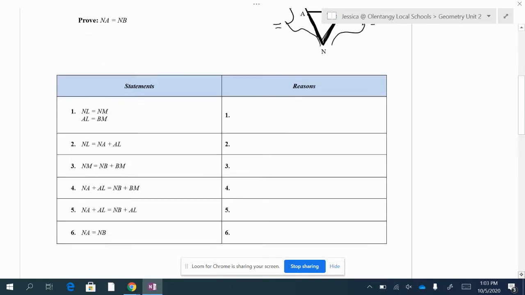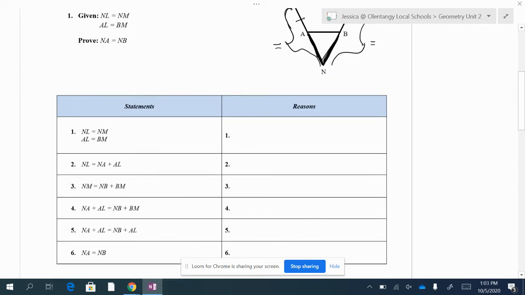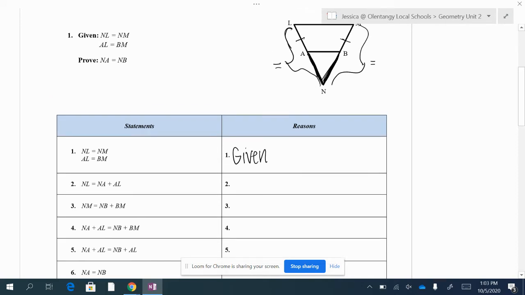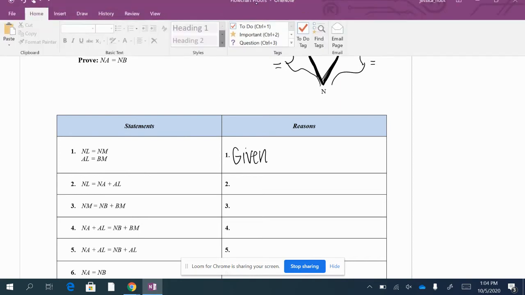So my first step right here when going through this is looking at my first statement. So NL is equal to NM, AL is equal to BM. That is our given statement. And then we jump down to NL is equal to NA plus AL. So looking at our picture, NL is this whole entire segment. I can even show that.